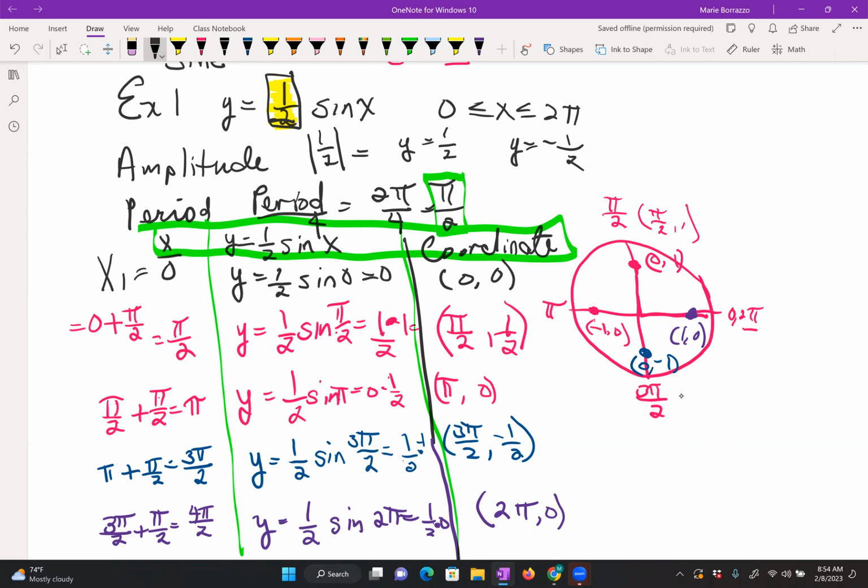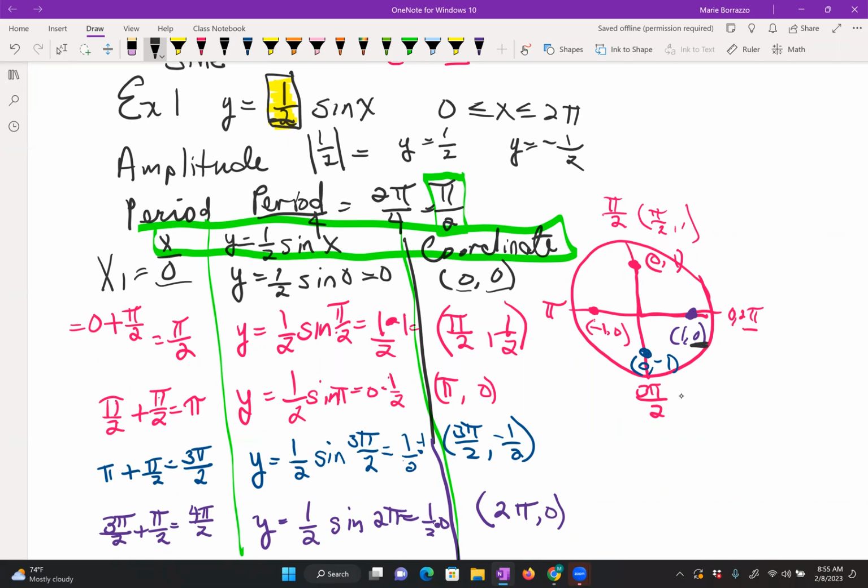We substitute that into our equation and we get y equals 1/2 sine 0. Well, 1/2 times 0 is 0, which is our starting point right here. You see how I have 1, 0? The 0 is the y value. And so our first coordinate actually ends up being 0, 0.